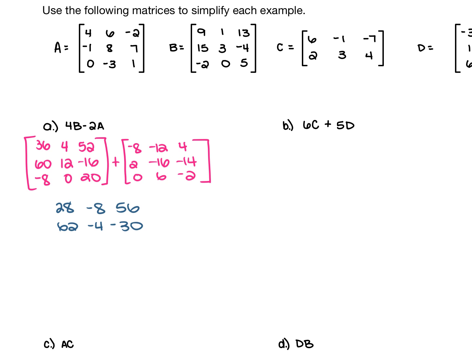Negative 8 plus 0 is negative 8. 0 plus 6 is 6. And 20 plus negative 2 is 18. So that gives you your answer for this one.